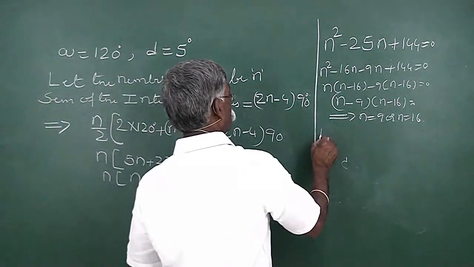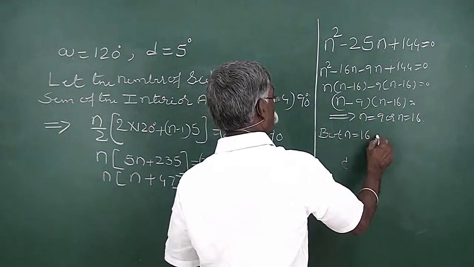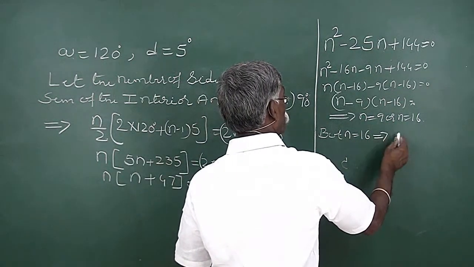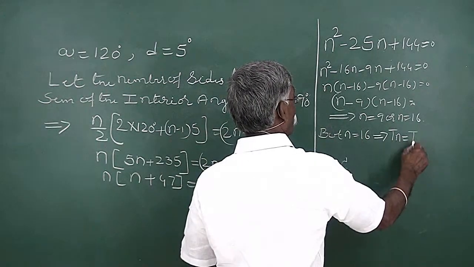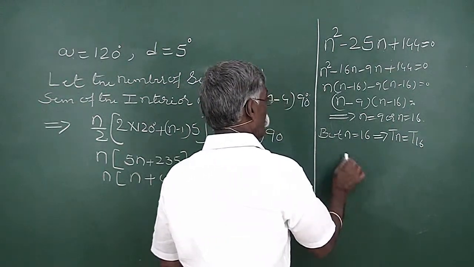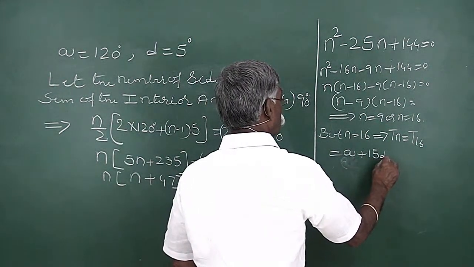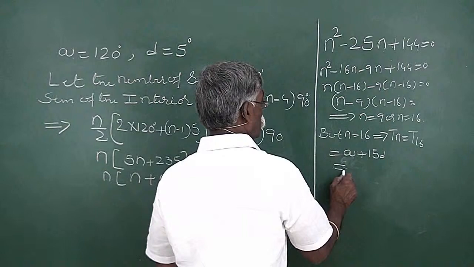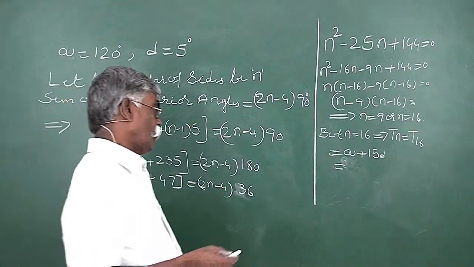But n equal to 16 implies Tn equal to T16 equal to a plus 15d, and a is 120 and 15 into d is 5.